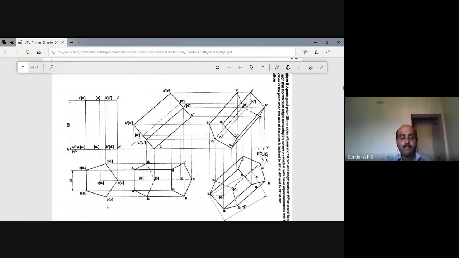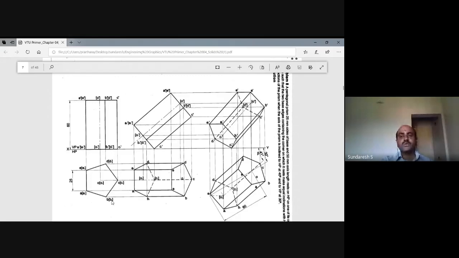A, B, B1, A1 is one rectangular face which can be seen in the front view. Similarly, another rectangular face is B, C, bottom C1, and bottom B1. So B, C, C1, B1 is the other rectangular face which can be seen in the front view.